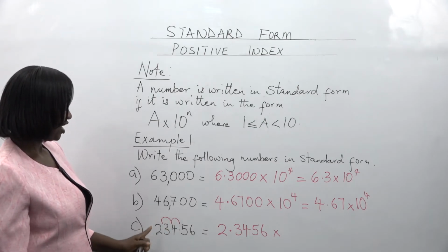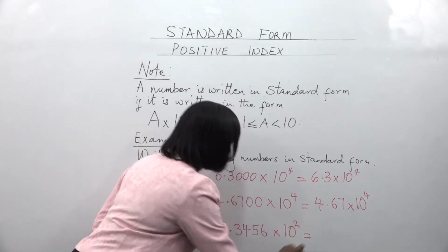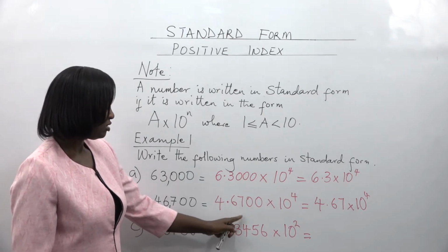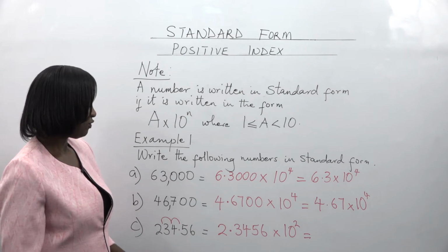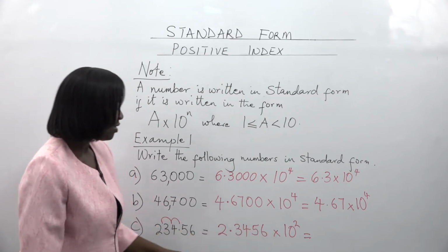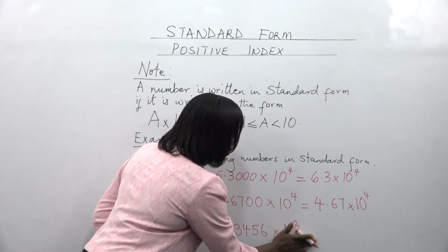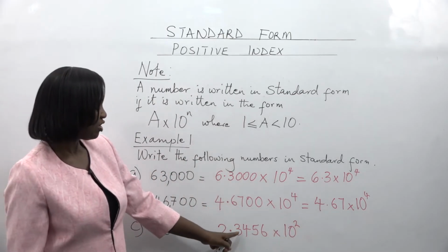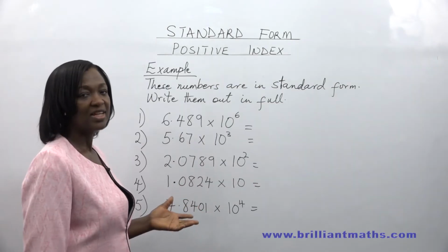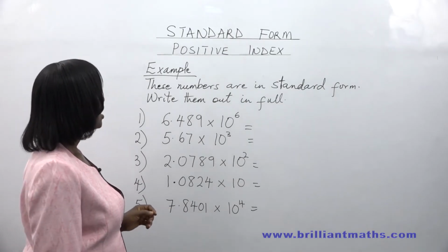From the movement I did here, it's 10 to the power 2. If you multiply this number by 10 to the power 2, the answer will be 234.56. So the final answer is actually the same because the digits at the end are all significant. So our final answer is 2.3456 times 10 squared.